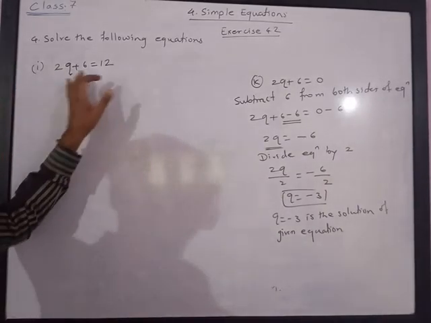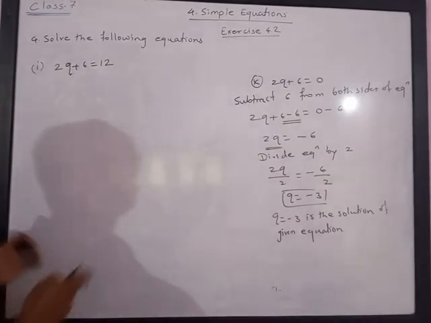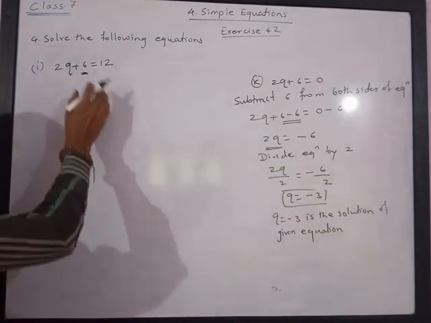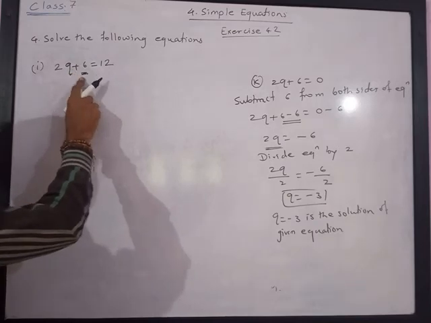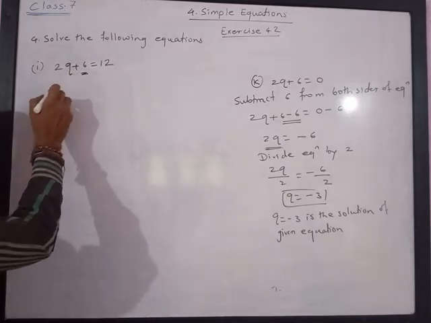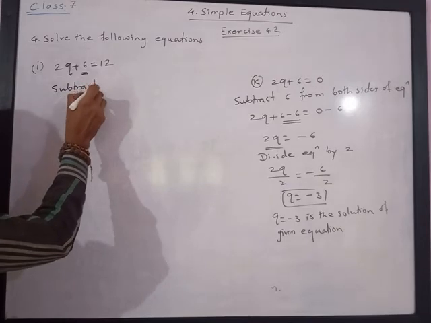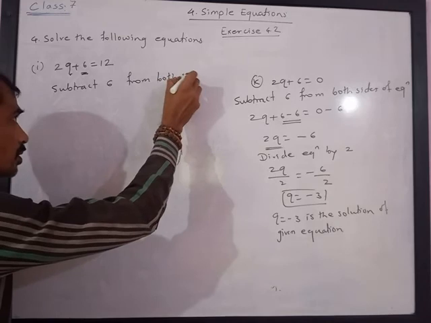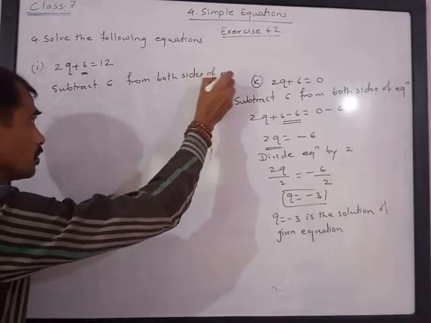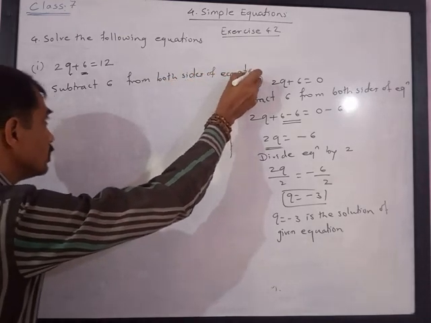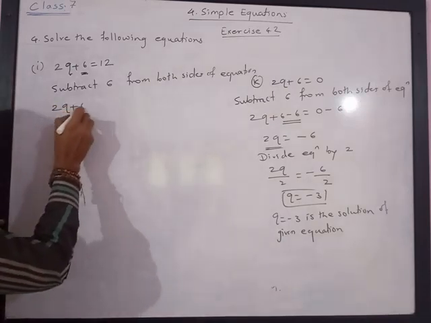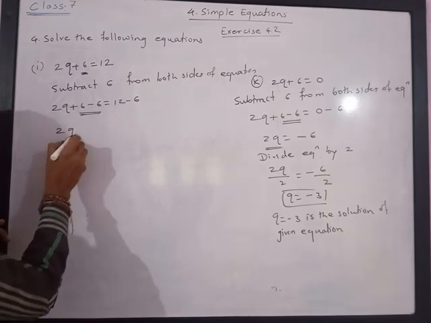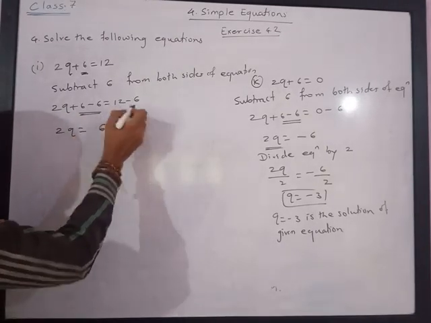Dear friends, last sub question, 2q plus 6 is equal to 12. So please note, we need to eliminate this 6 first. Earlier equations you must have seen, so we are eliminating the 6 first. Now to eliminate this 6, subtract 6 from both sides of the equation. So you will get 2q plus 6 minus 6 is equal to 12 minus 6. So 6 minus 6 is 0. It means you will get 2q is equal to 12 minus 6, which is 6.